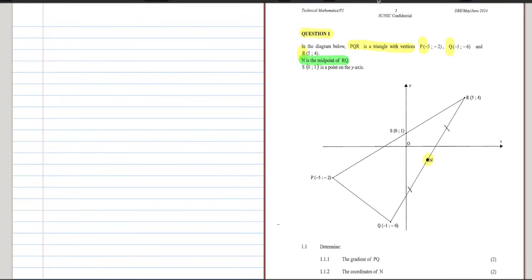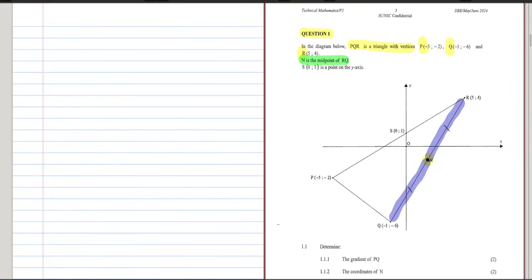Let me highlight with blue. Oh, that's purple. So this is equal to that. That's what the midpoint does. It divides the line into 2 equal parts.